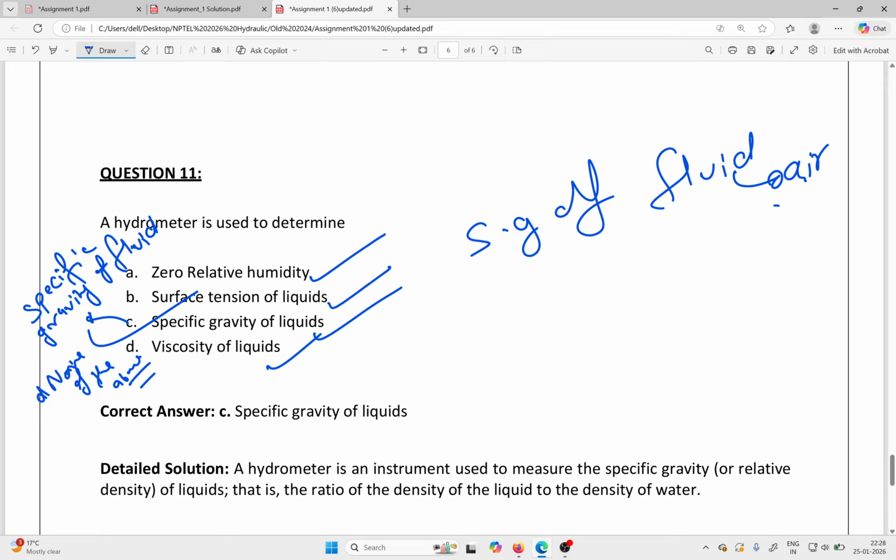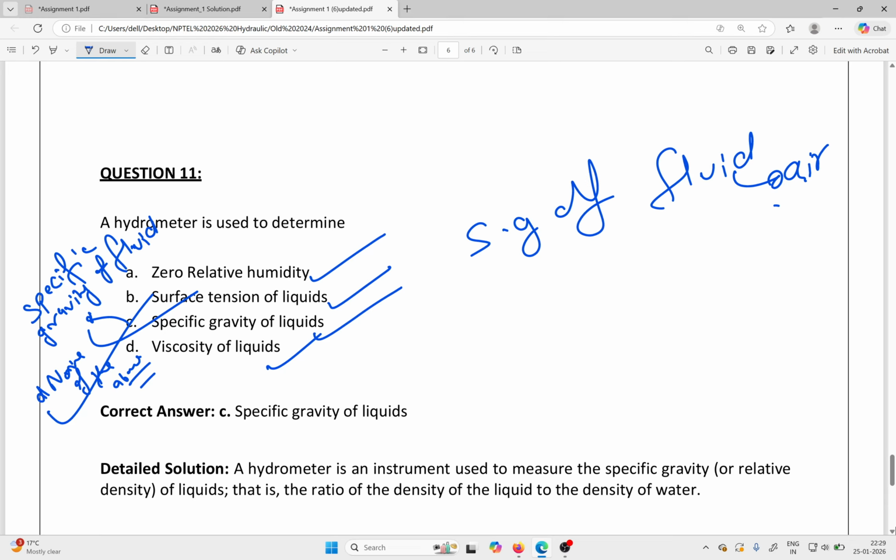Let me design this question in another way. Which will you prefer? The most appropriate would be D, because if the fluid has air also, you cannot measure it with a hydrometer.